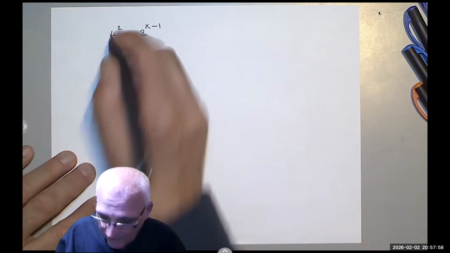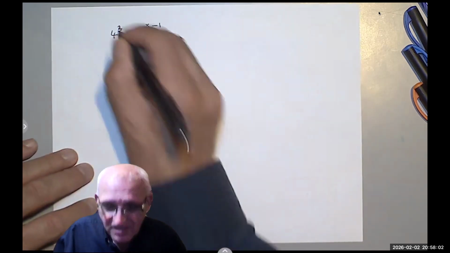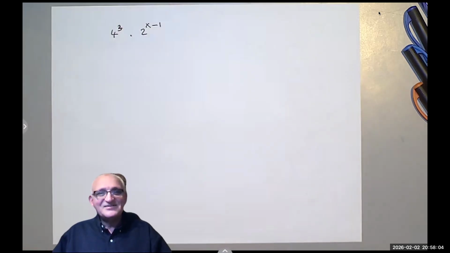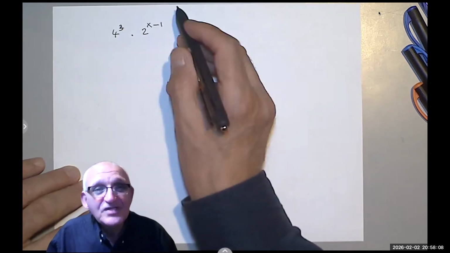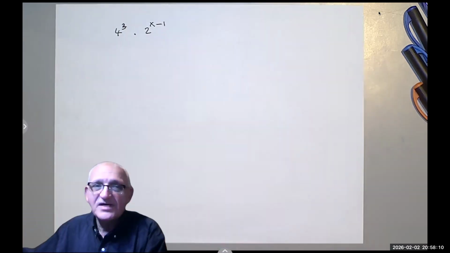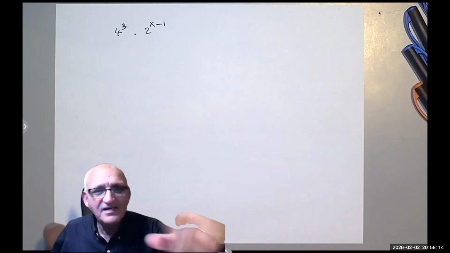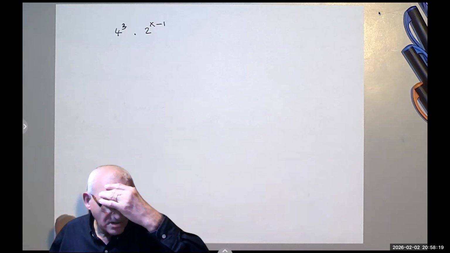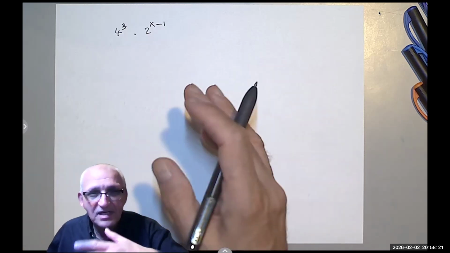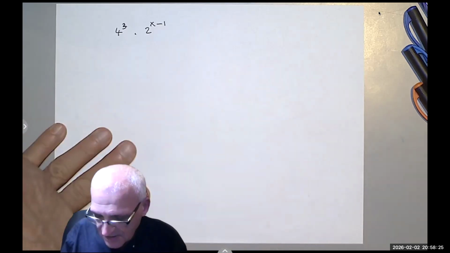Instead of writing it 4 squared, let's make that a 3, because everything here would be 2's and they confuse. I'm going to say 4 cubed times 2 to the x minus 1 equals something. I'm solving an equation, okay? We learn about equations. In fact, I think I did already a video on equations after you learn the logarithms, how to solve these equations, and it's not hard.